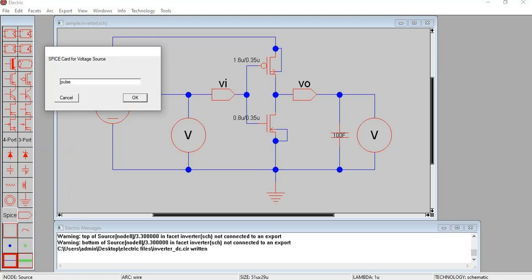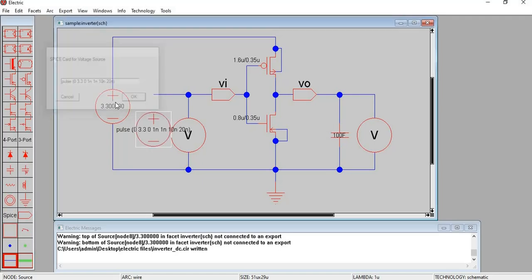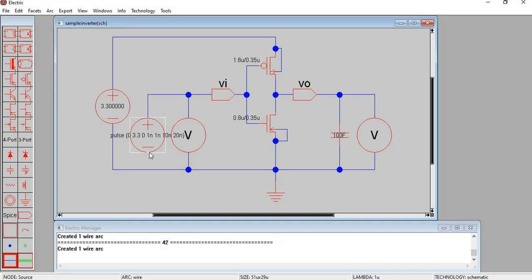For the pulse, just type 0 space 3.3 space 0 space 1N space 1N space 10N space 20N. Yes, we're going to connect it now.